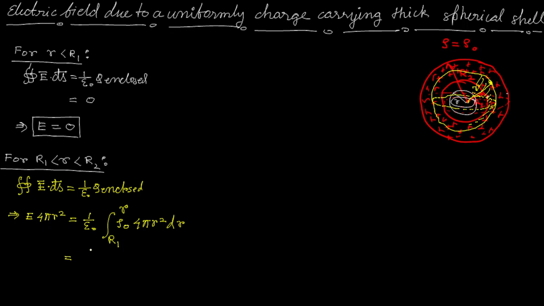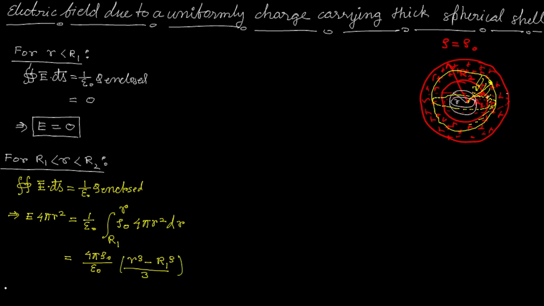What we get is 4 pi rho naught divided by epsilon naught, and the integration of r square will give r cube by 3, so small r cube minus R1 cube divided by 3.